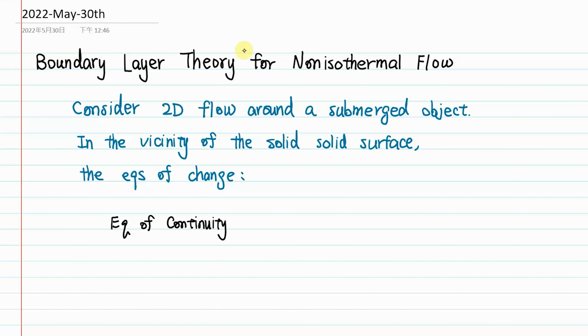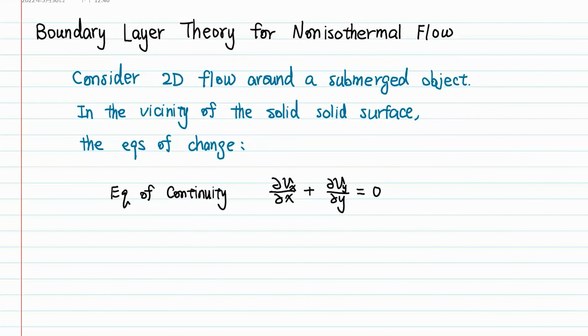So again, we have partial Vx partial x plus partial Vy partial y equals 0. Then we should have the equation of motion.